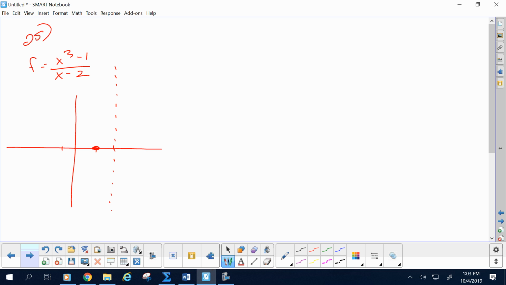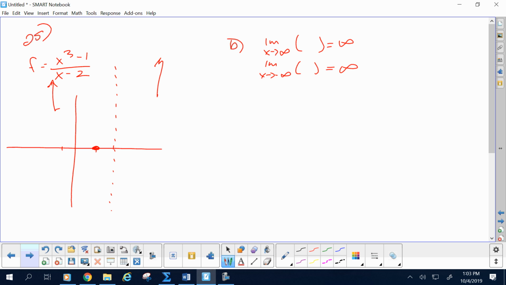The hard part by far is the end behavior. The limit as x goes to infinity is infinity, and the limit as x goes to negative infinity is infinity, so you just said it like that, okay?